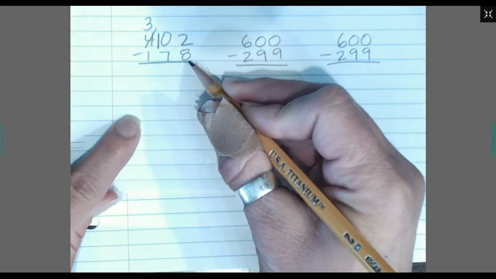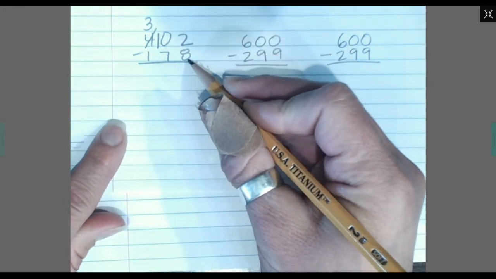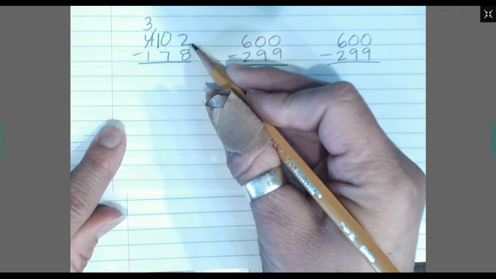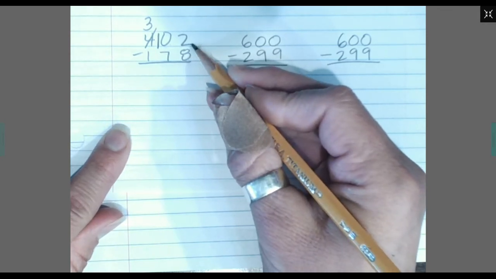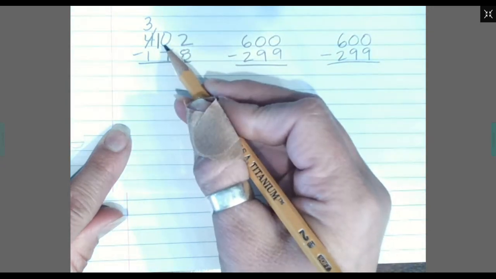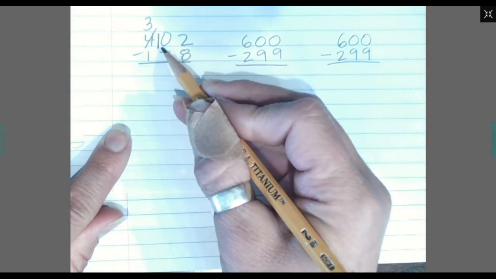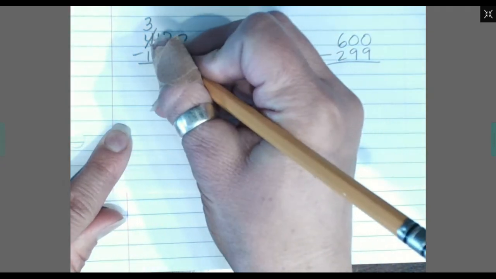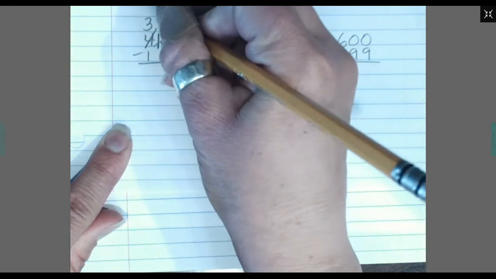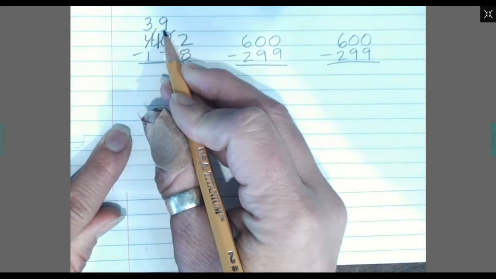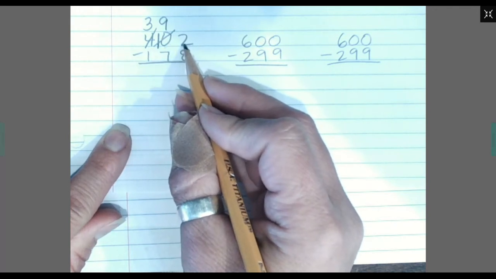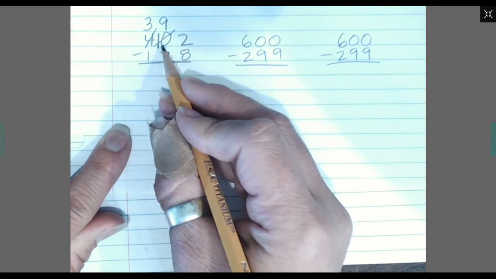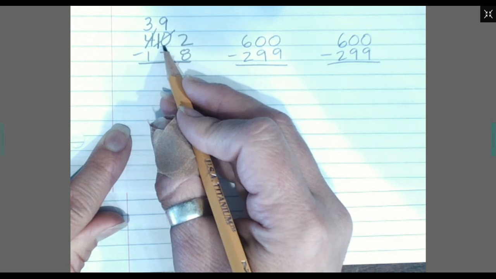Go back to my ones place, and I'm going to subtract 8 from 2. I cannot do it. I still can't subtract 8 from 2. But now there is a value of 10 tens, so I can borrow. I'm going to borrow one of those tens. So now I have 9 tens. One of those tens gets added to my ones place. 1 ten has a value of 10 ones.